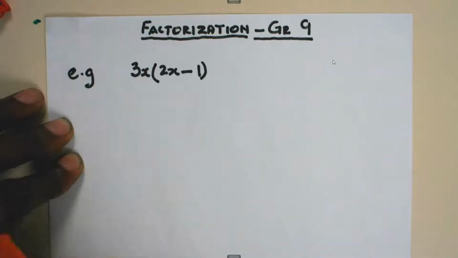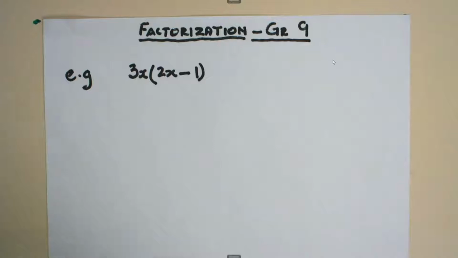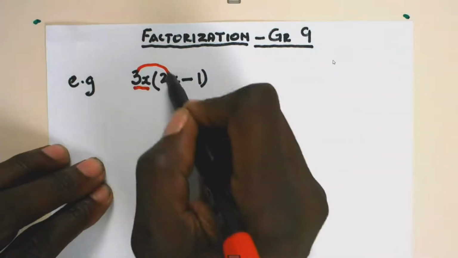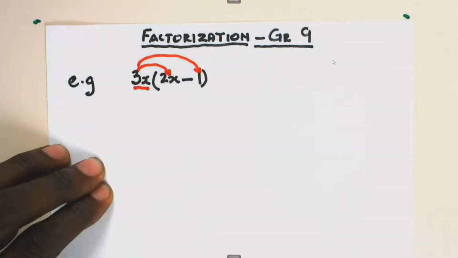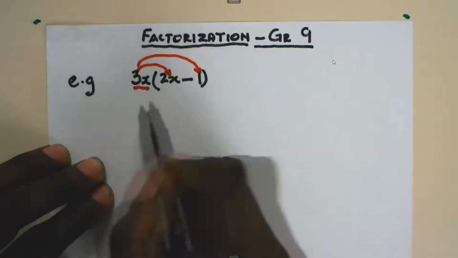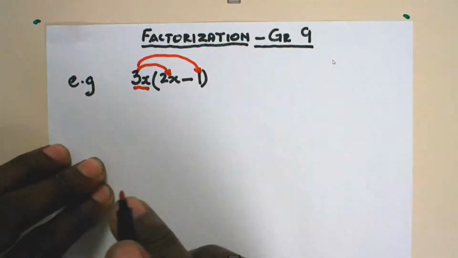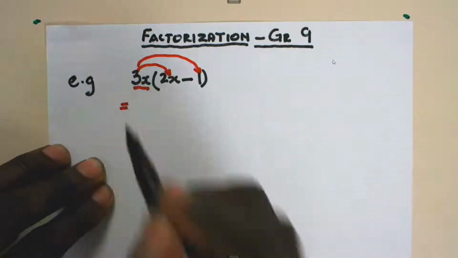By distributive law, we mean the outside term, which is 3, will multiply both the terms inside the bracket. As it is this way, it's one term. But when we remove the bracket, it's going to give us a certain number of terms.